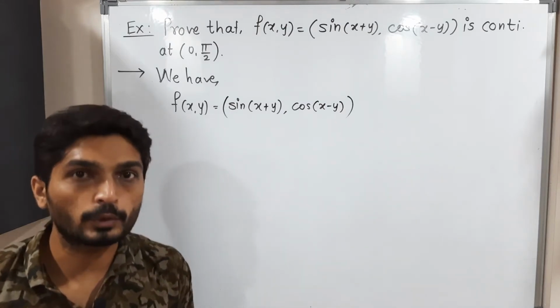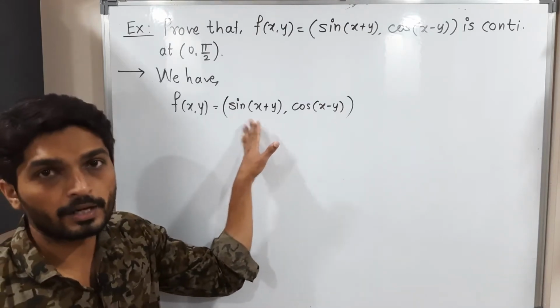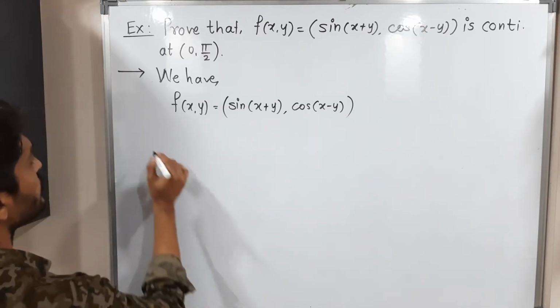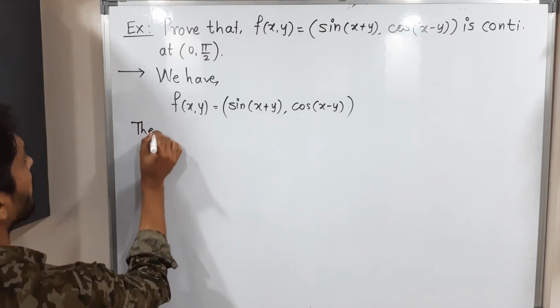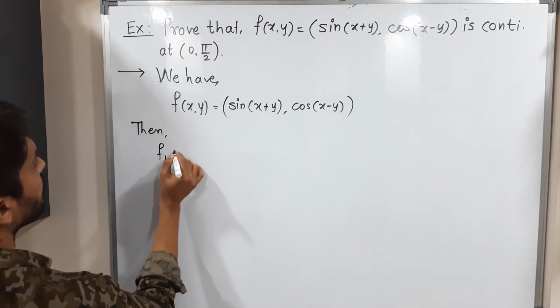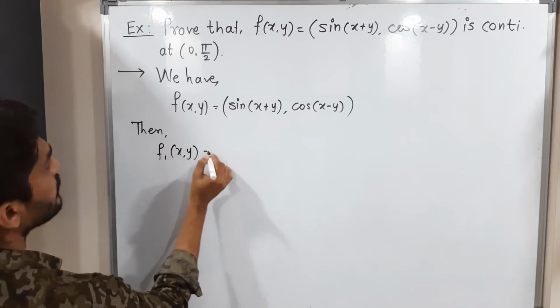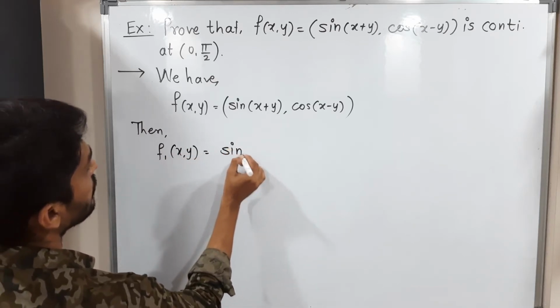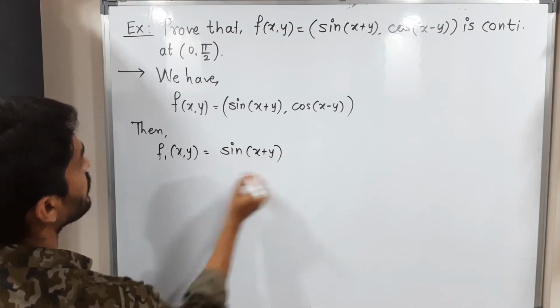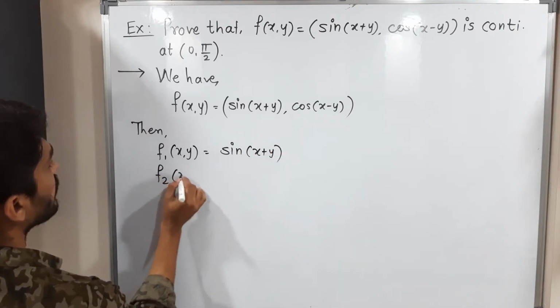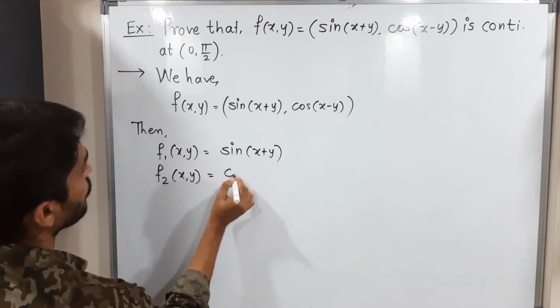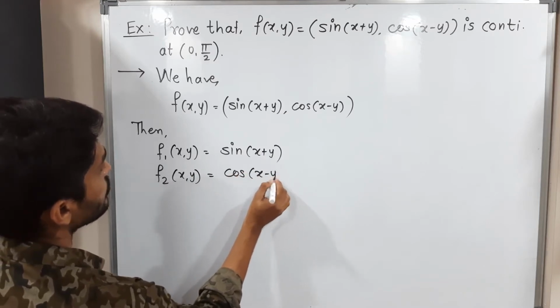So it has two component functions: F1 is sin(x+y) and F2 is cos(x-y). Then I can clearly mention F1(x,y) = sin(x+y), and F2(x,y) = cos(x-y).